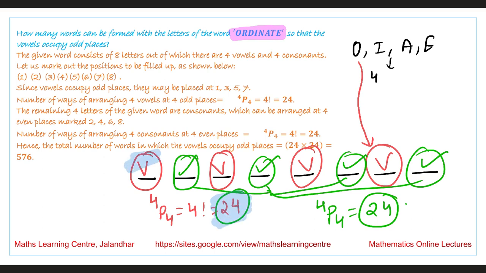That is, first we are arranging the vowels over here. Then next we are arranging the consonants over here. So we are talking about the fundamental principle of multiplication. The answer we obtain, that is 24 into 24 is equal to 576 ways. The total ways we have, it is 576.